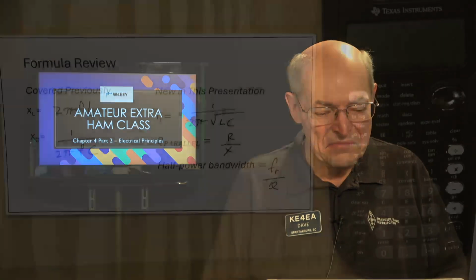So I spent about 10 minutes trying to derive the equation from XL equals XC, and my algebra wasn't as good as I remembered it. After about 10 minutes of fighting with it, my brain finally said, enough of this, you can remember the formula now. So that's how I did it, and I got it right.